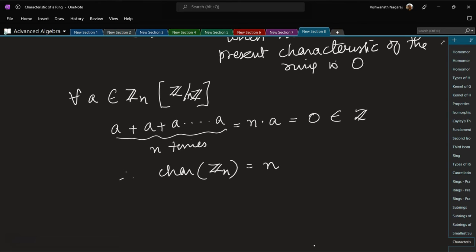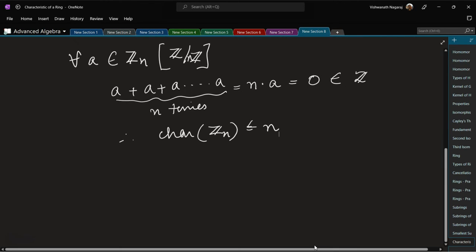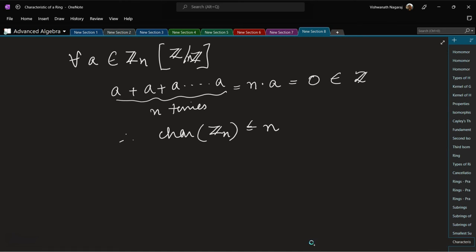Strictly speaking, we can't say n because there could be some other number which could satisfy this condition. So let's say the characteristic of Zn is some number less than or equal to n. If we can show the other way around, that n is less than or equal to the characteristic of Zn, then we can say it is equal.